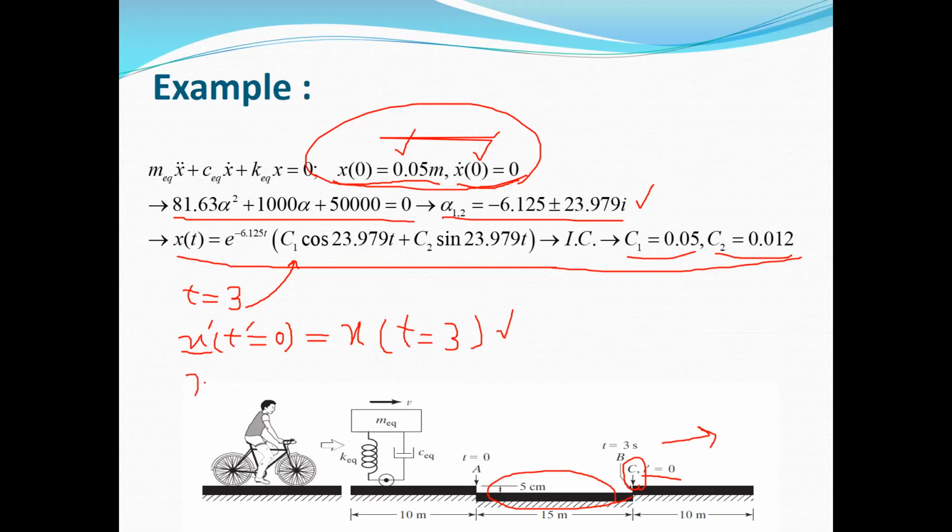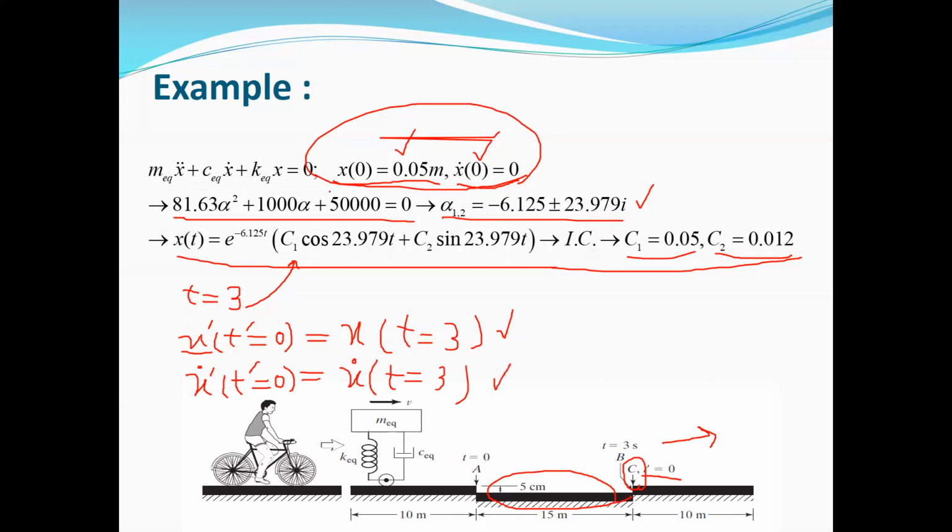And the second initial condition is x prime dot, the derivative of x prime at t prime equal to 0, or the velocity at t prime equal to 0, which is in fact x dot at t equal to 3 seconds. So you can see we will have again two initial conditions.